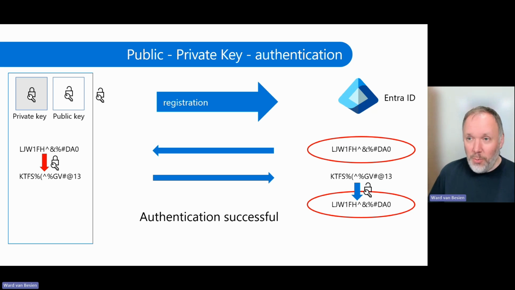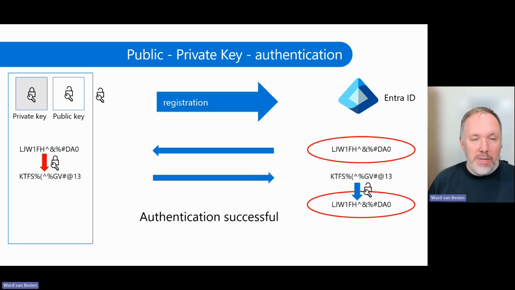So what happens when we want to authenticate and sign in? Well, Entra ID will generate what we call a nonce. A nonce is just a bit of nonsensical data, random letters and numbers that don't mean anything. It sends that to your client, and your Windows machine, when you're doing the authentication, will take this and encrypt it with the private key. So we get a new bit of data that looks almost random.